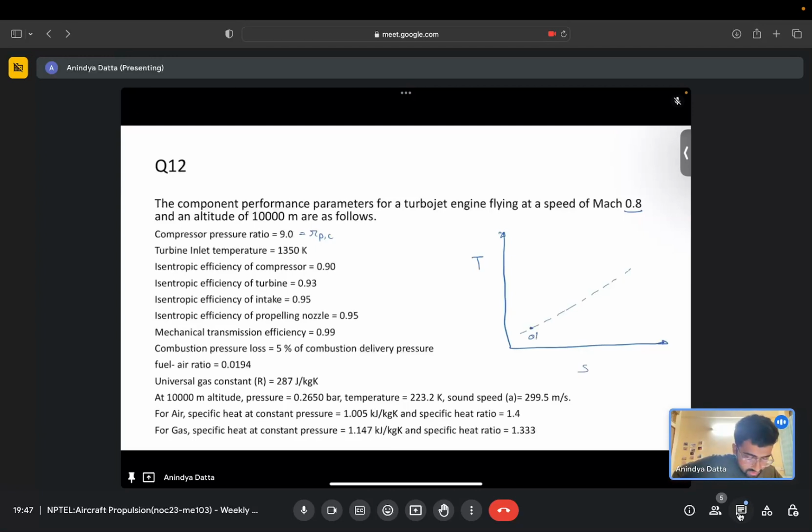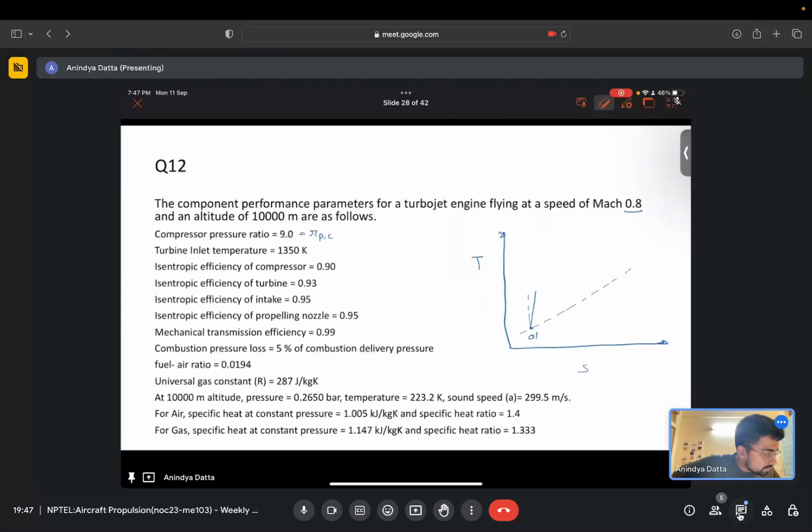From here we go to state point 02. So 1 to 2 is a compressor. 0 to 2 prime is our isentropic state. So we have 1 to 2, which is our compressor.